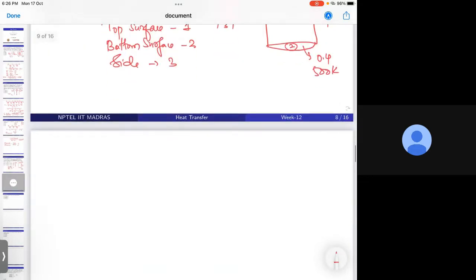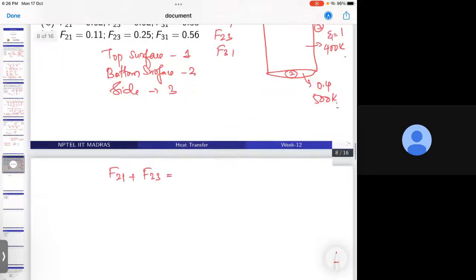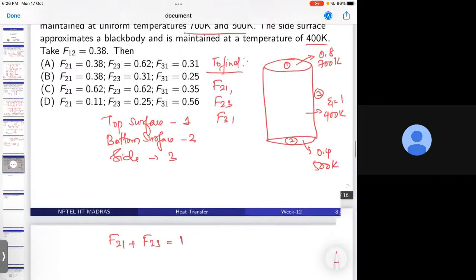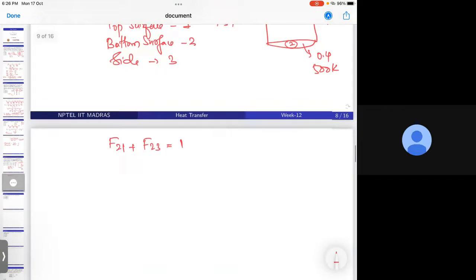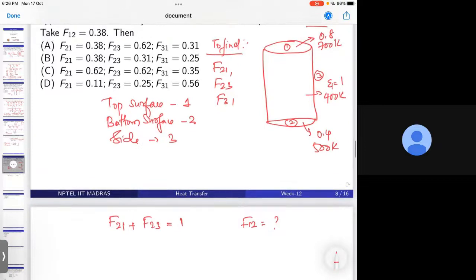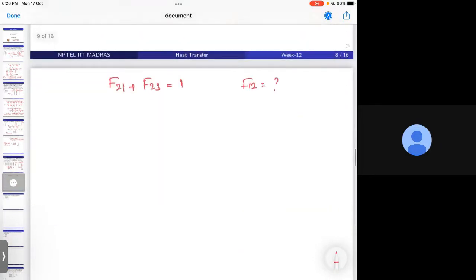So let's write F21 plus F23 should be equal to 1, right? And we are given F12. We are asked to find out F21. Okay. By reciprocity theorem, A1 F12 should be equal to A2 F21, right?